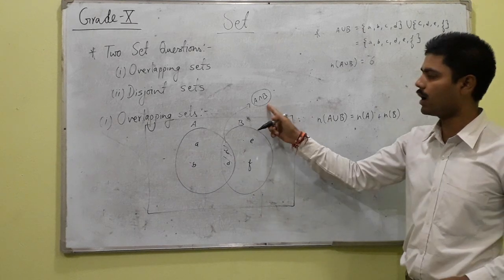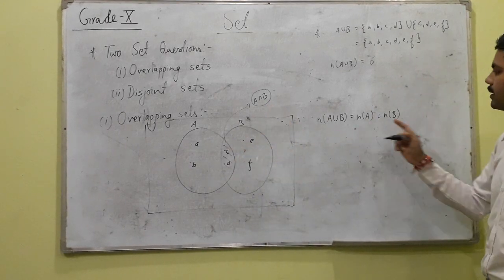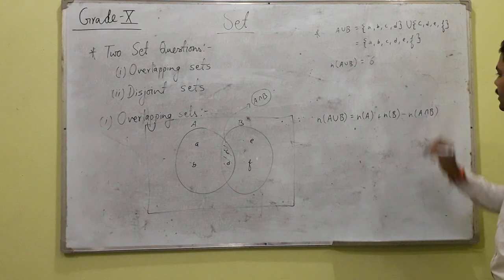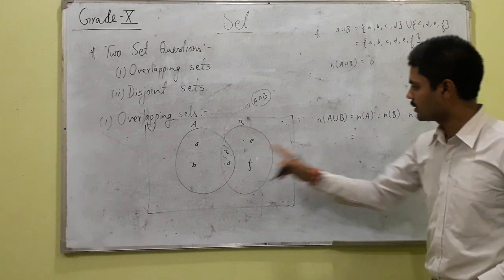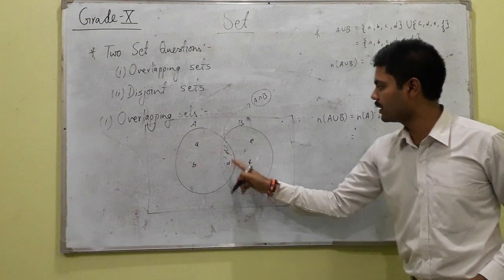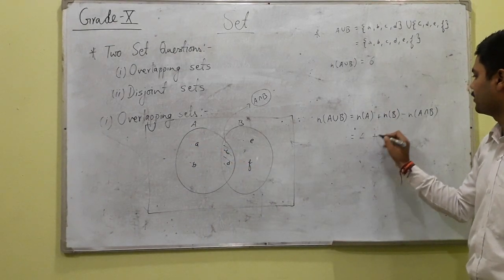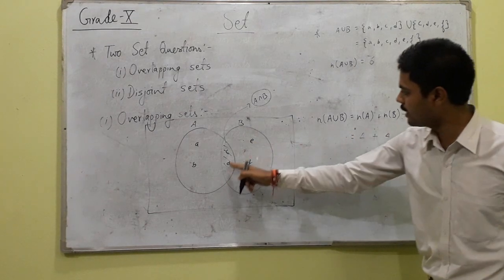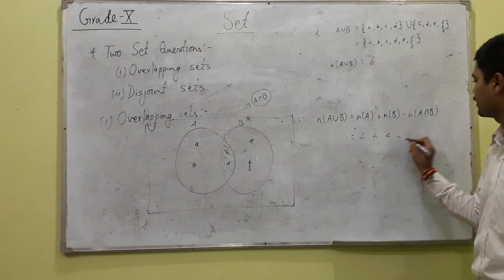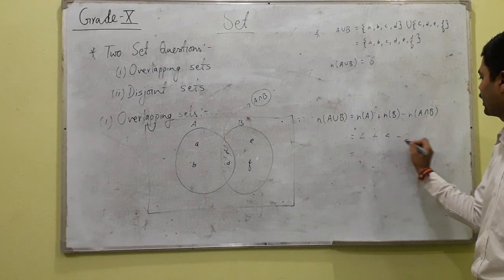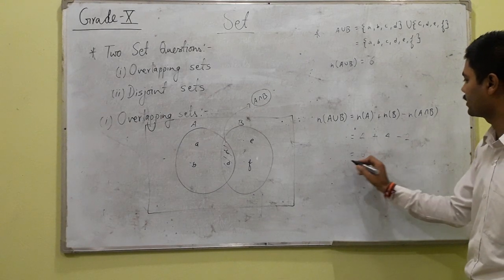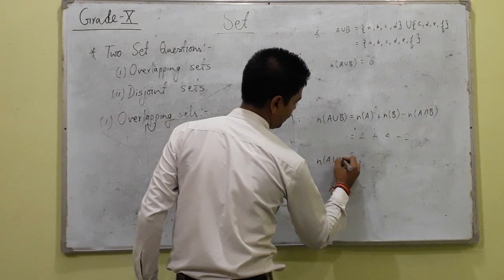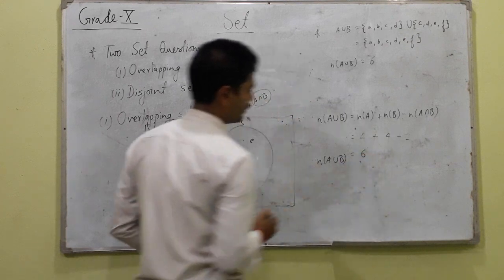So you have to deduct it one time, minus A intersection B. You can check: in A, 1, 2, 3, 4 elements are there. In B, 1, 2, 3, 4 elements, and in A intersection B there are 2 elements. In total you will get 4 plus 4, 8, minus 2, 6. That is, the cardinality of A union B is 6.